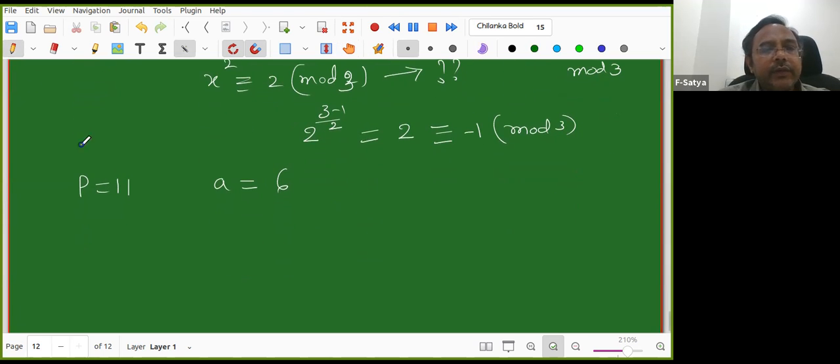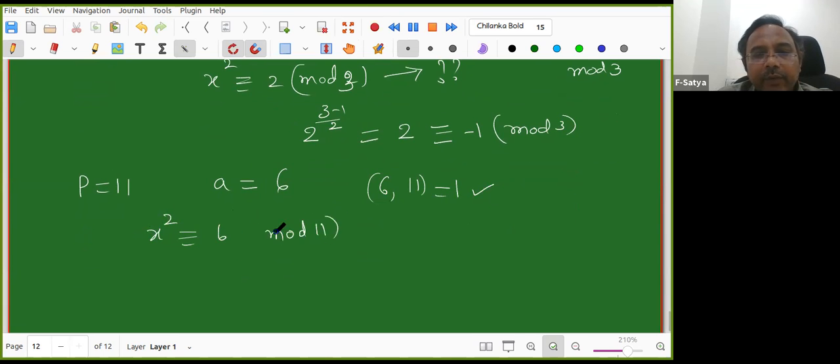Is 6 a quadratic residue or not? First of all, I need to check that the GCD of 6 and 11 is 1. Yes. Anyhow, 11 is a prime number, so every number less than it has GCD 1. Now x square is congruent to 6 modulo 11. Does it have a solution or not? This is method 1. What is method 2? Euler's criterion.